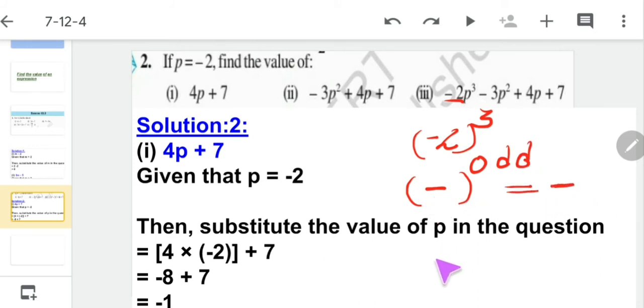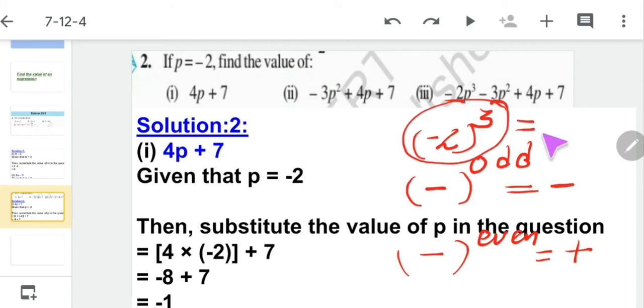If we have an even power on a negative, the answer will be positive. So in this case, our answer will be negative, and 2 to the power 3 gives us 8. So -2 power 3 means -8.